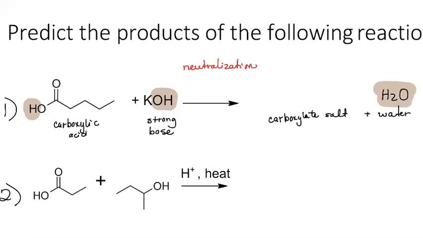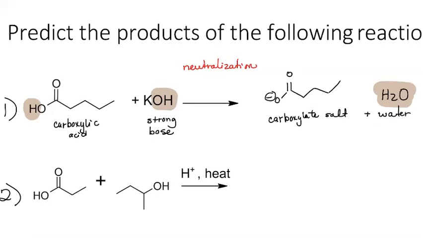So I'm going to redraw my carboxylic acid without including the H. Once that oxygen loses that hydrogen, it becomes negatively charged.